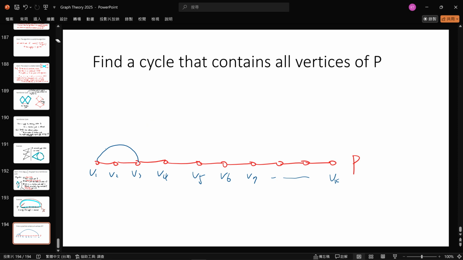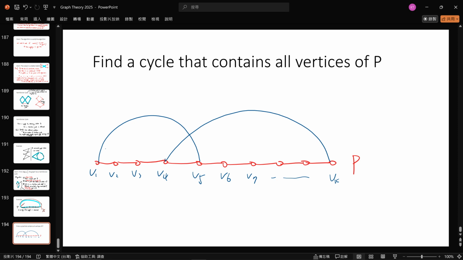So in the previous case, if there's an edge between V1 and V5, how to add the second edge to create a cycle? Right, so the same idea. We need 2 crossing edges. These 2 crossing edges are from V1 and Vk, and their neighbors are crossing.